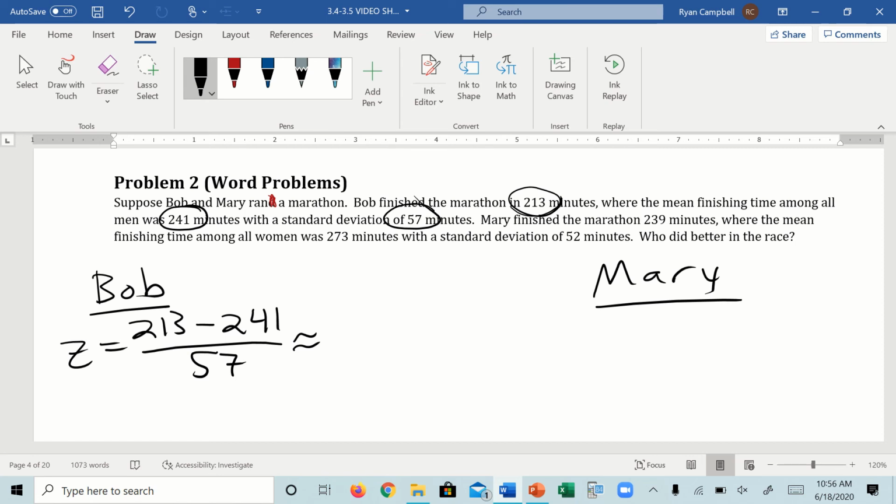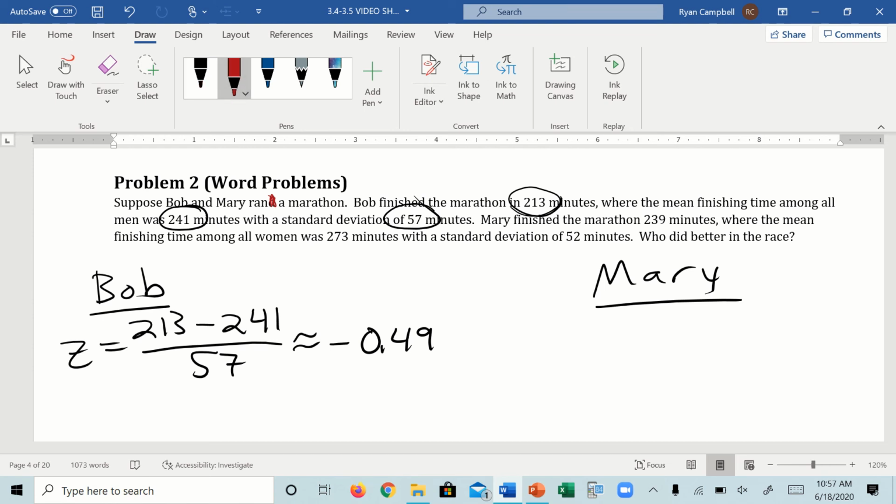And when we look at that, we end up with about negative 0.49. Now, does it make sense that we have a negative number? Well, is Bob's time less than the mean? Yeah, so he would be below average in this case, right? Good.